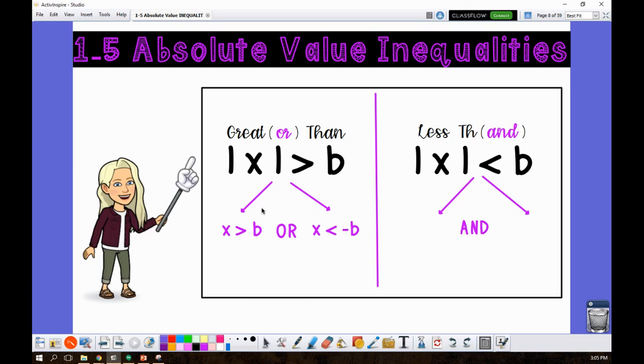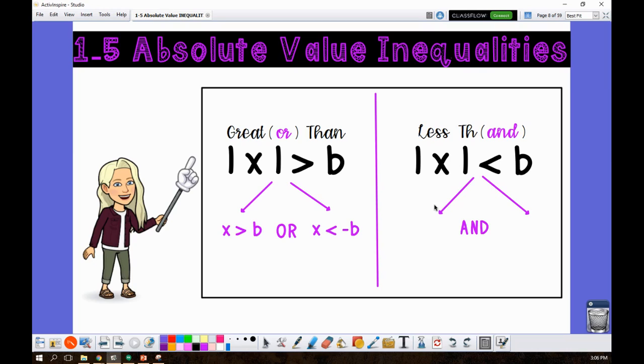But in this case, we carry down our original greater than with the positive b, and we carry down the opposite. So we flip our sign to less than and negative b. Notice that the flipping and the negative numbers are together again. Those rules always seem to combine together. When we have negatives and flipping, they're always together.